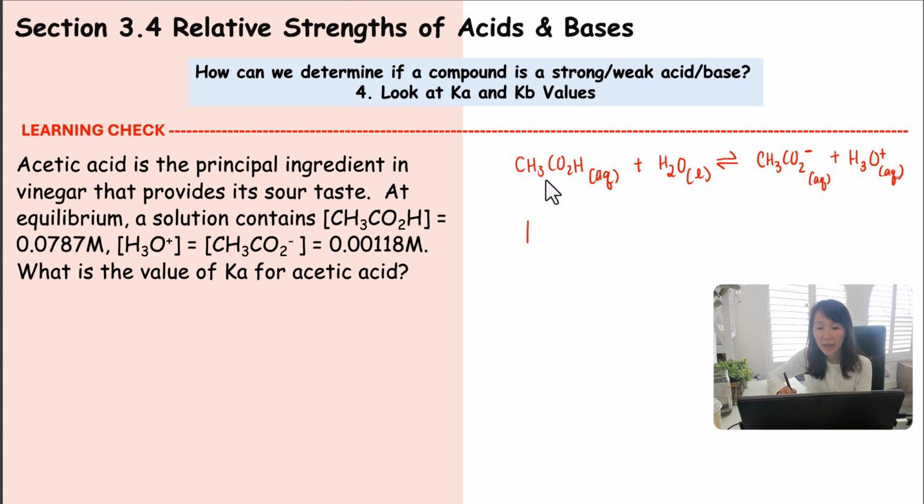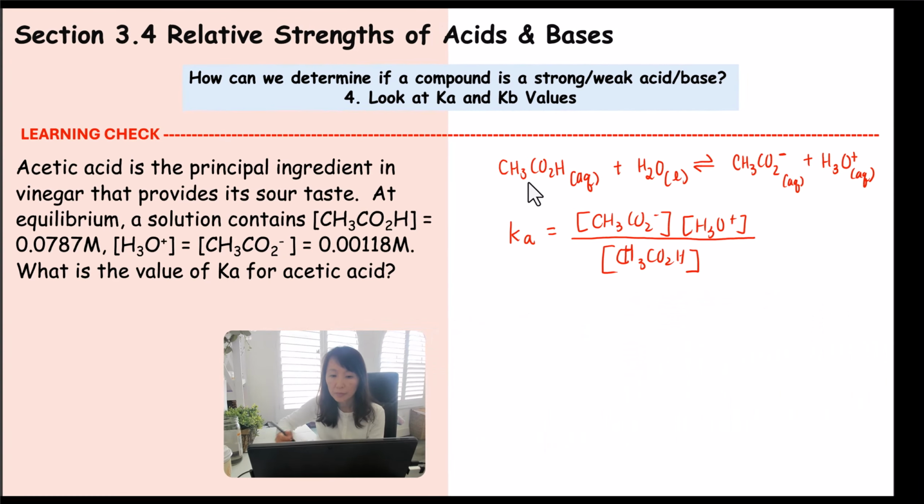All right, so Ka is the concentration of the conjugate base, hydronium ion, and then all over the CH3CO2H. And it wants to know the Ka value, and it gives you a bunch of other values on the top.